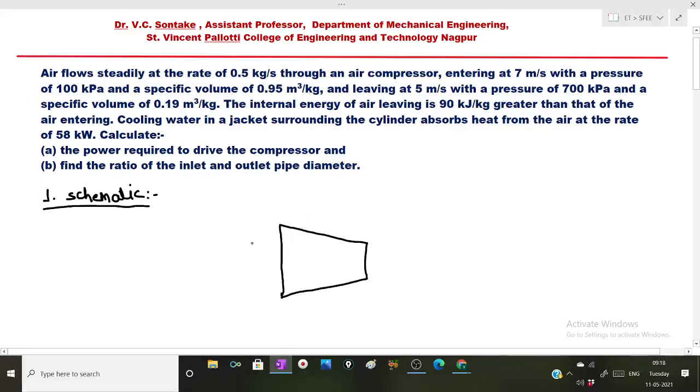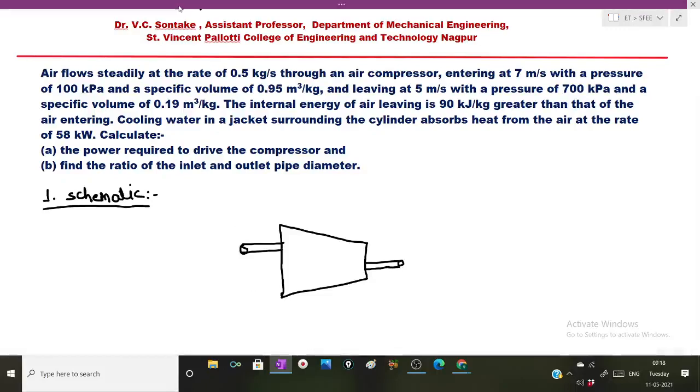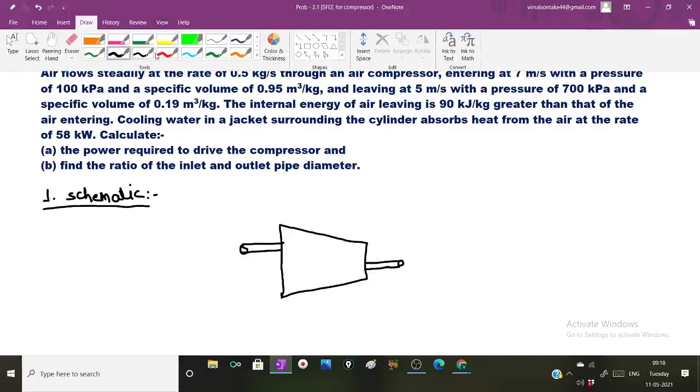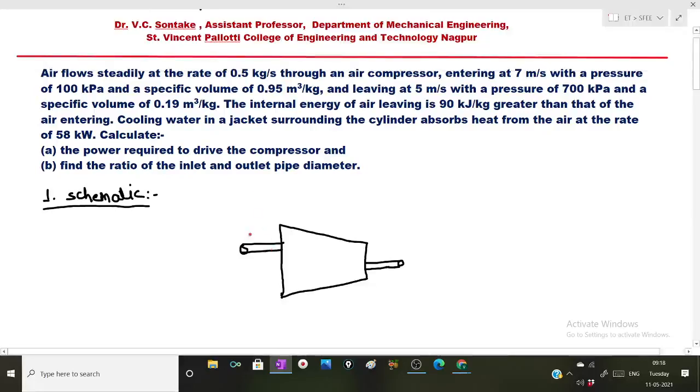Let's say this is the inlet and this is the outlet. Inlet will be 1-1 and outlet is represented by 2-2.